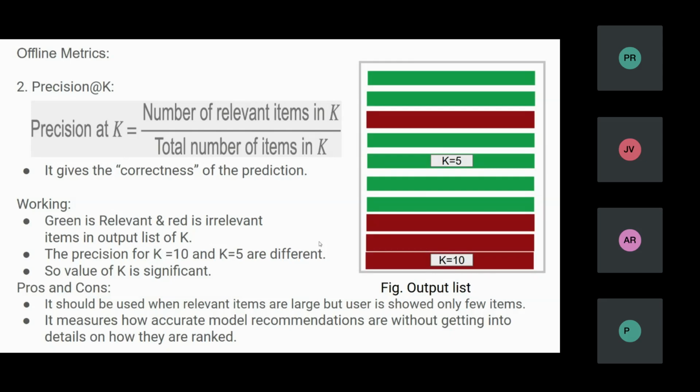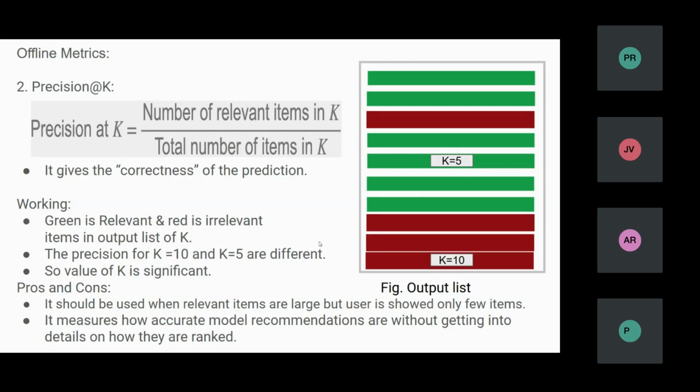Let's see the working of precision first. You can see in the image that, similar to the previous one, we have green for relevant items and red for irrelevant items. If we put down the value of k equals 10, we have a total of 6 relevant items, so our accuracy becomes 60% for k equals 10.